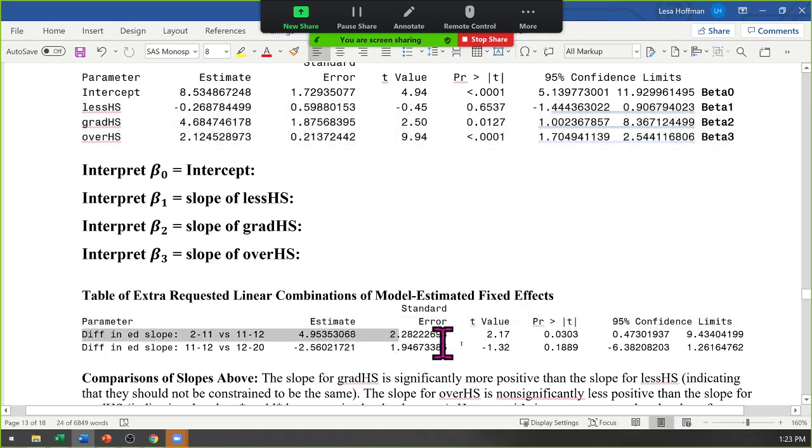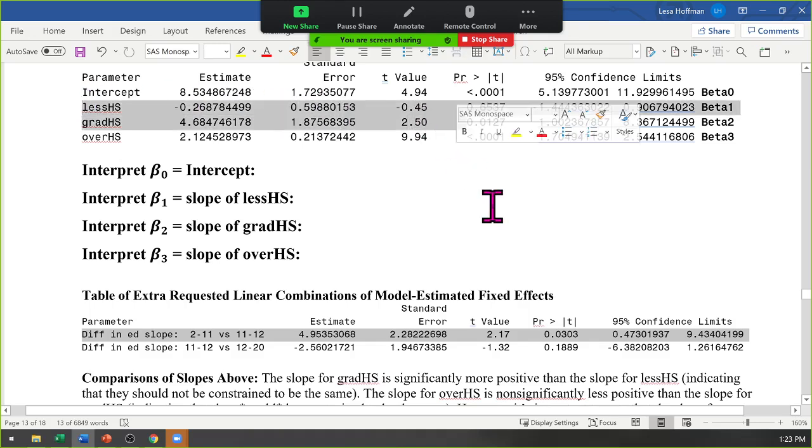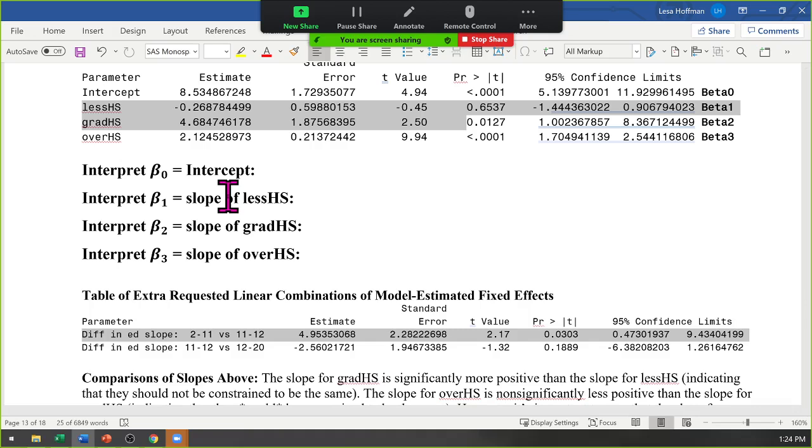The first result, that estimate of 4.95, is the difference between those 2 lines. The grad high school slope is 4.95 more positive than the less than high school slope. So the effect of education is bigger in people who graduated high school than in people who did not graduate high school. And I've got a p-value down here to prove it.